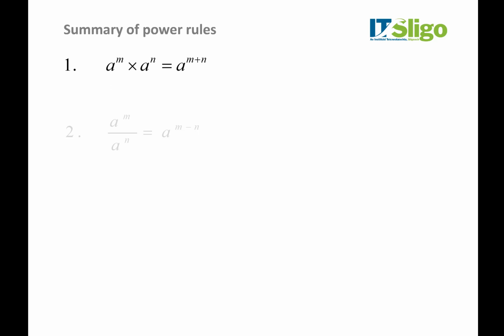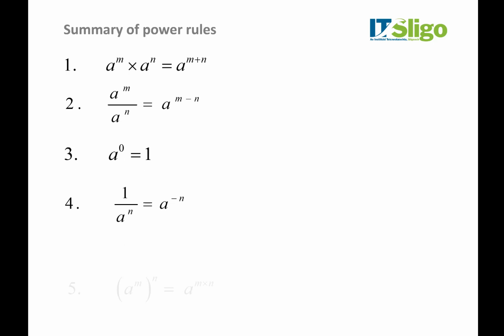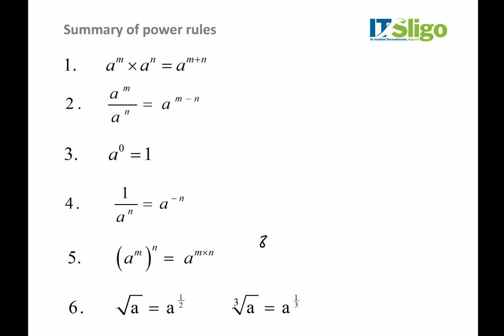So just a quick summary. Now, just with the last one as well, guys, if you came across a cube root, that's, say, the cube root of 8, what number multiplied by itself 3 times gives me 8?